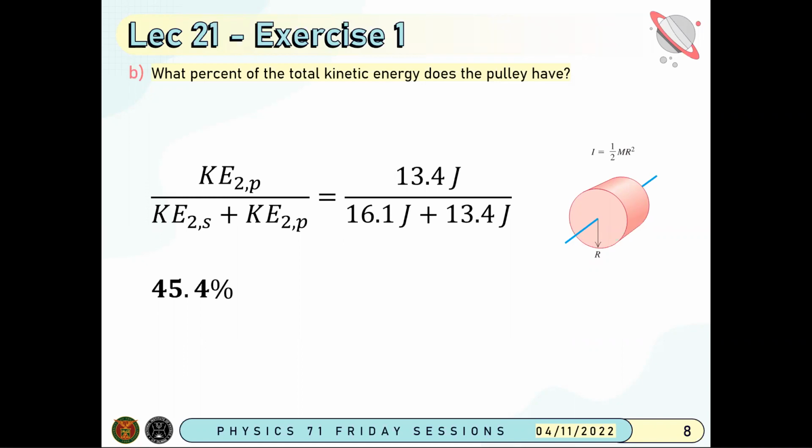Okay? So anything kapag meron kang pulley, almost half, or at least in this case, because of the ratio of the masses, di ba? Merong percentage ngayon ng kinetic energy na galing kay pulley. Hindi lang kay stone or hindi lang dun sa nakabitin. Okay?